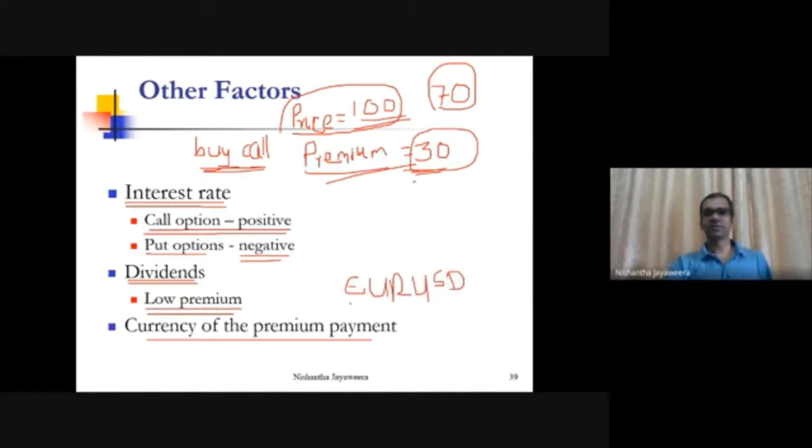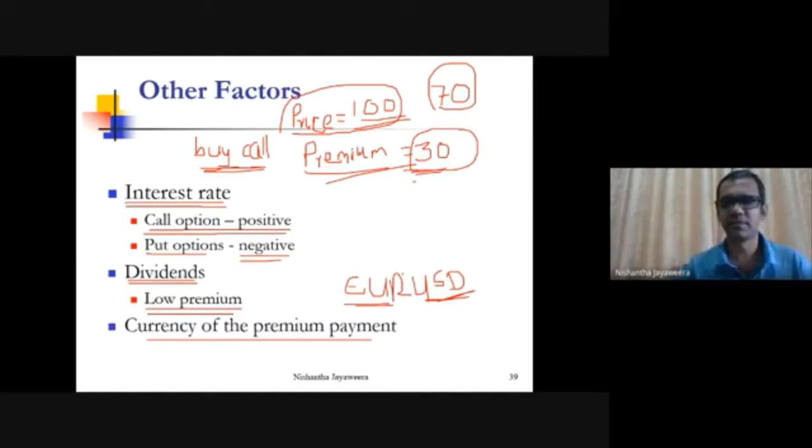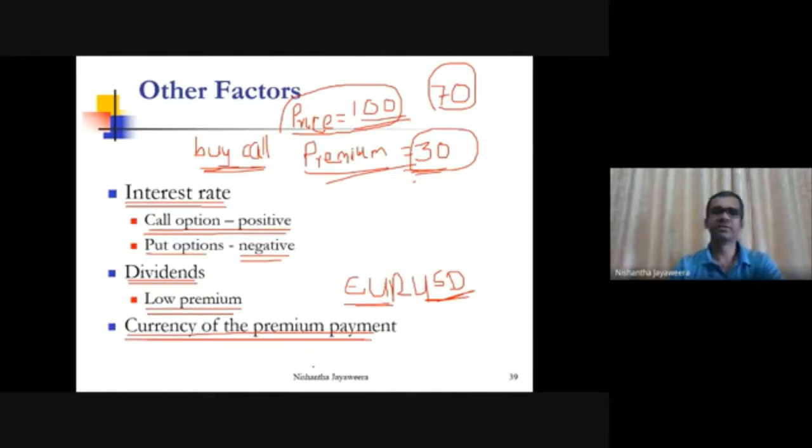Whether you pay the premium in euros or dollars also matters, because of the views on the market, the prevailing interest rate in two different currencies, exchange rates and things like that. So therefore this will have an impact on the demand and supply again. There will be an impact on the premium.